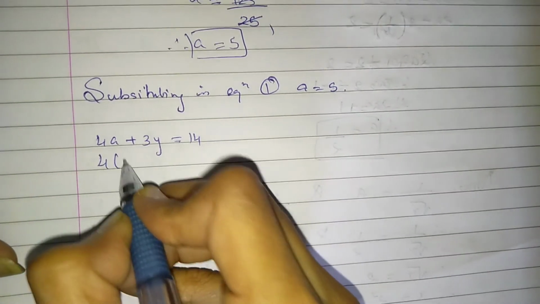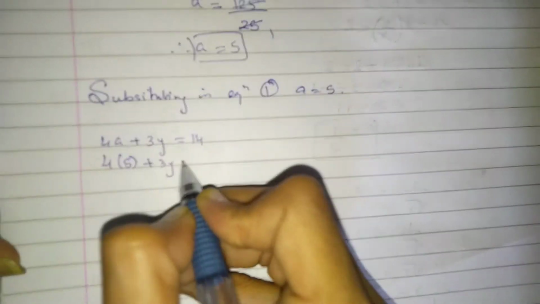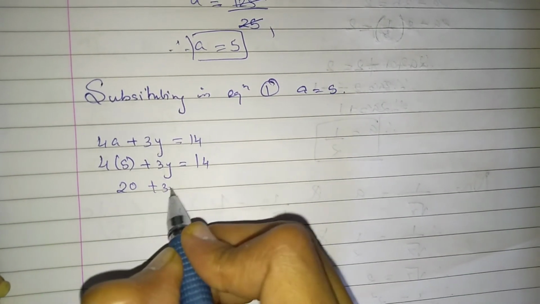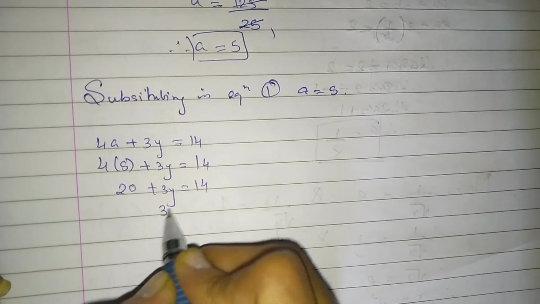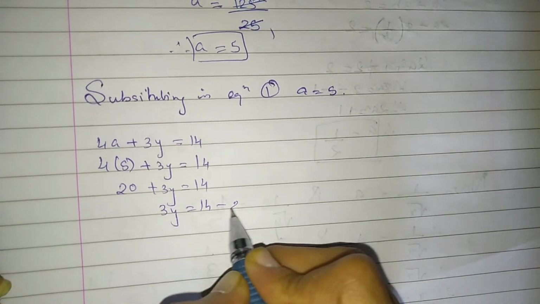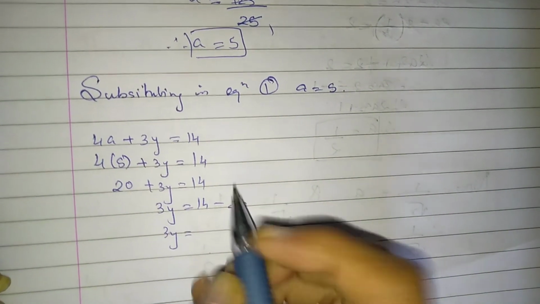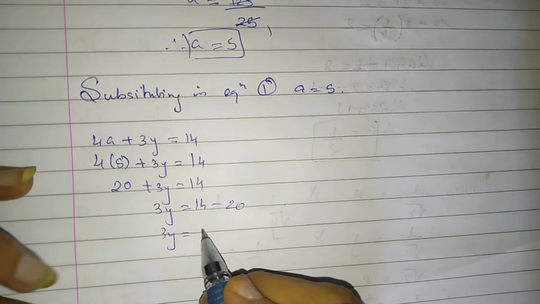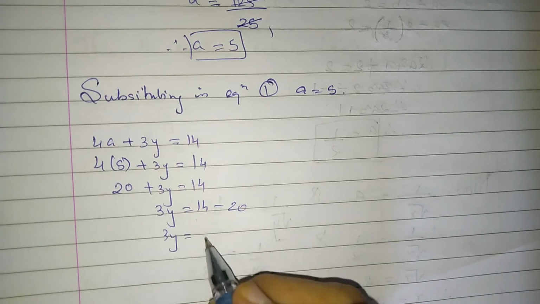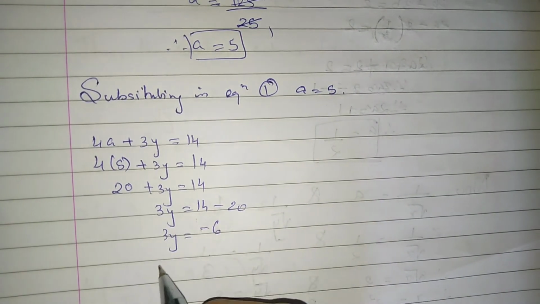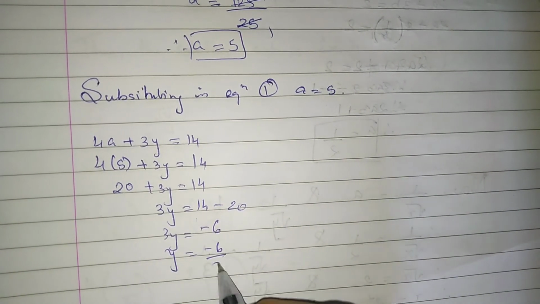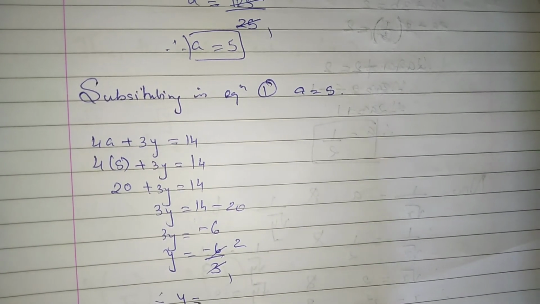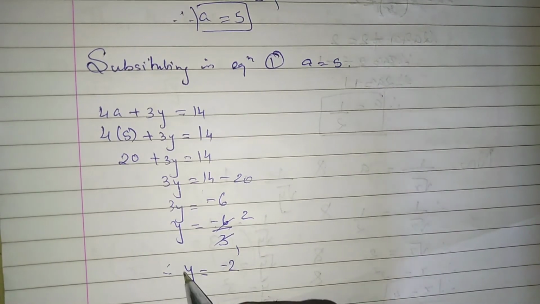So 4 into 5 plus 3y equal to 14. 4 5s are 20 plus 3y equal to 14. 3y equal to 14 minus 20. So 3y equal to minus 6. So y equal to minus 6 upon 3. 3 2s are 6. Therefore y equal to minus 2.